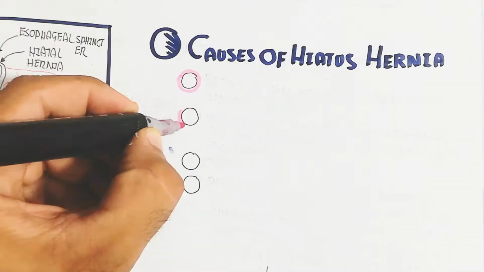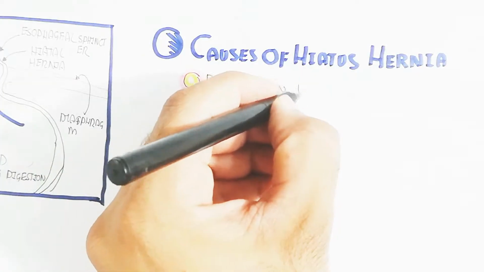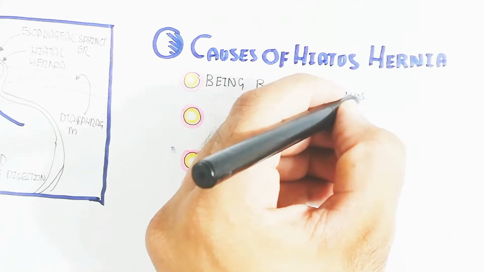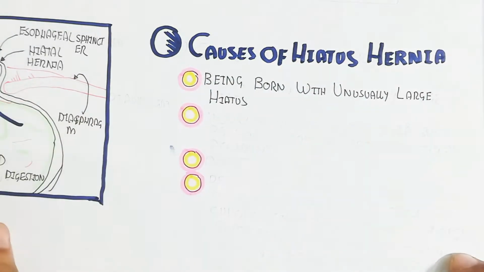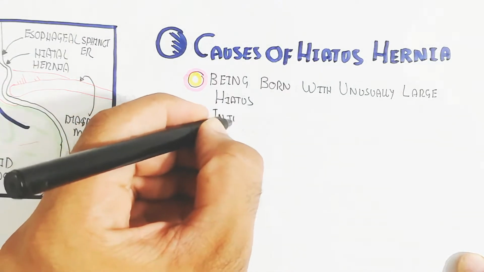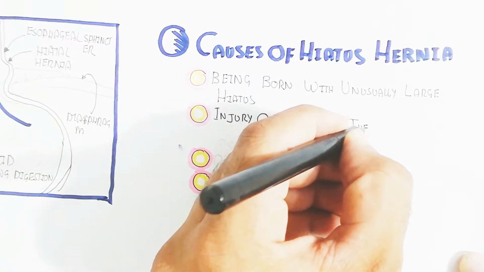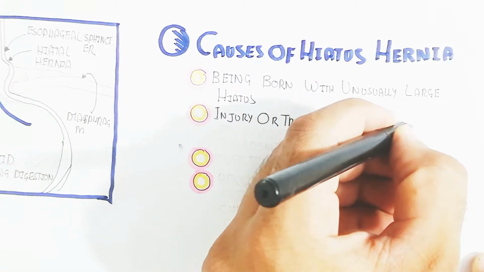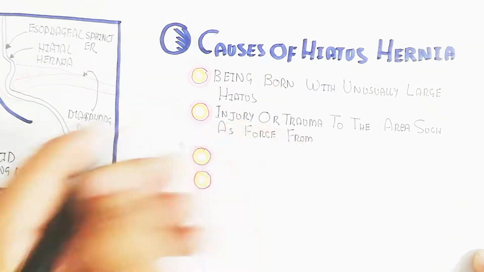Remember, a cause of hiatal hernia can be being born with an unusually large hiatus. Injury or trauma to the area, such as the force from a seat belt during an accident, is also part of causing a hiatal hernia.